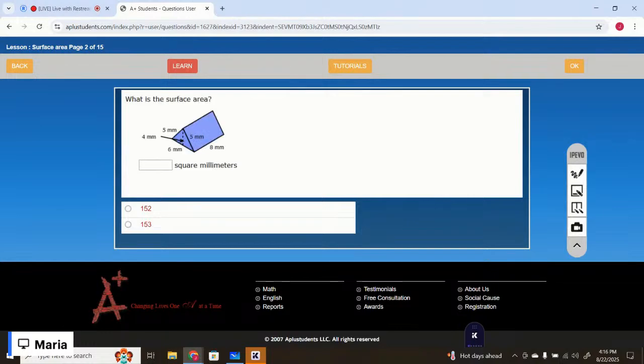What is the surface area? Let's just calculate the area of each face. So let's just calculate the area of the triangular faces.